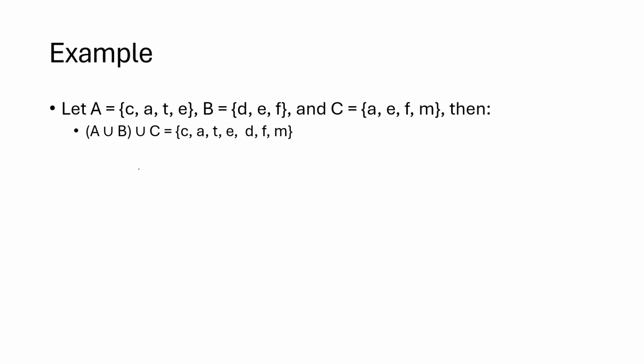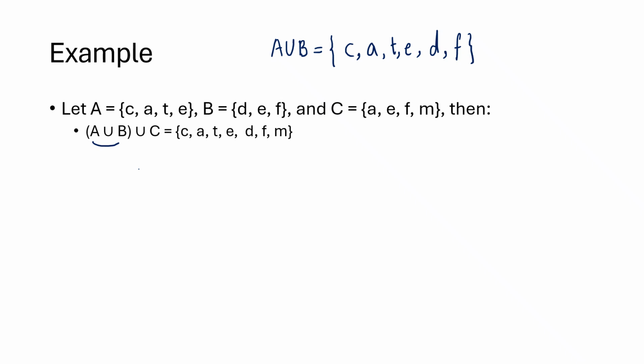The union of A and B will be everything that is in A, so C, A, T, and E. And then we add the elements of B as well. So we add D, E is already here, and also F. So this is A union B.